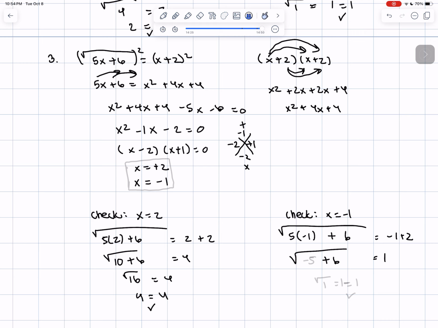No, because it shouldn't be 6. I tried to add. Isn't that funny? It should be minus 5. So minus 5 plus 6 should be 1. Square root of 1 equals 1. So that means 1 equals 1, and that works. So that means both of these are solutions. So that is 3.2.